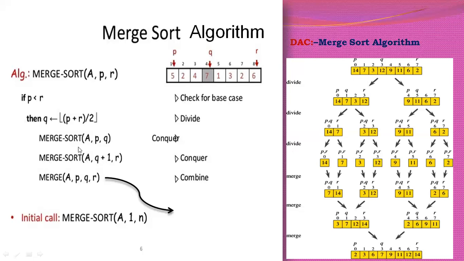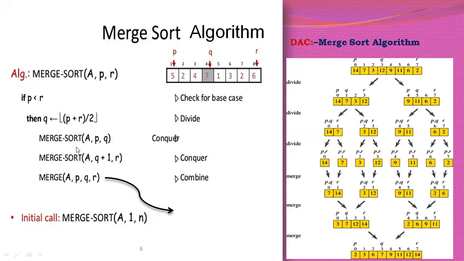So the statement MergeSort of A, P, Q deals with sorting the left side sub array, whereas MergeSort of A, Q plus 1, R discusses sorting the right side sub array.